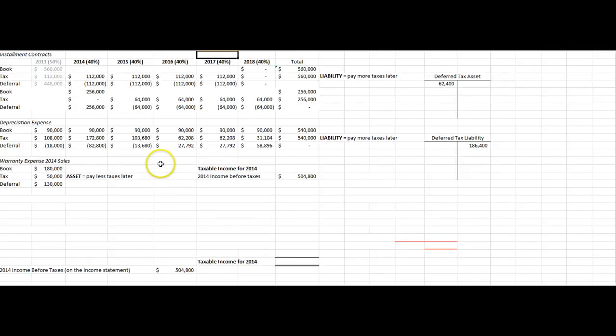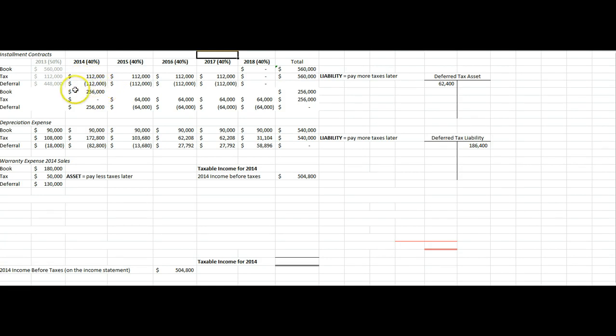But now there's some changes. On our installment contracts from 2013, we're going to start to reverse out some of that deferred tax liability. In other words, we received cash payments from our customers that allowed us on our tax return to book $112,000 worth of gross profit. So we reversed that deferral for $112,000.